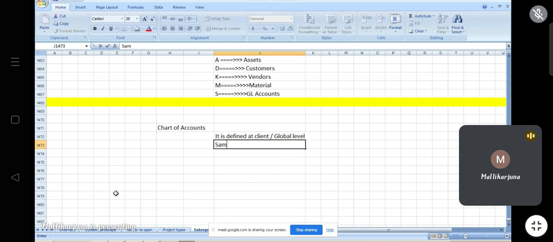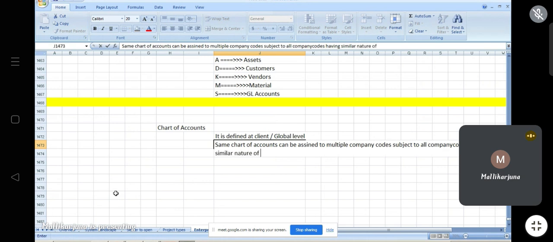The same chart of accounts can be assigned to multiple company codes, subject to all company codes having a similar nature of business or similar nature of operations.